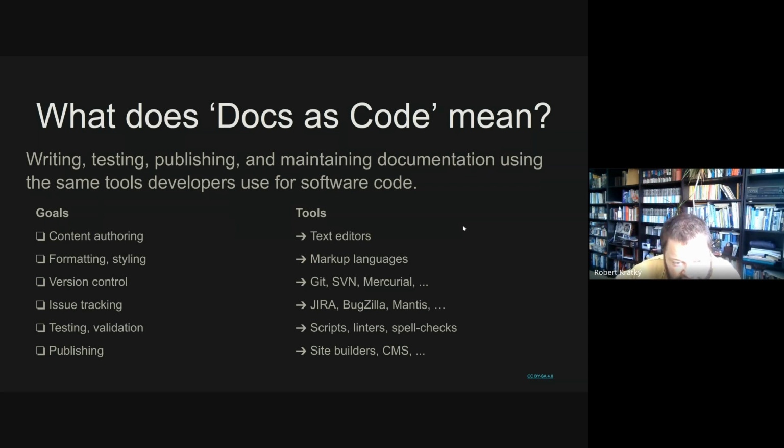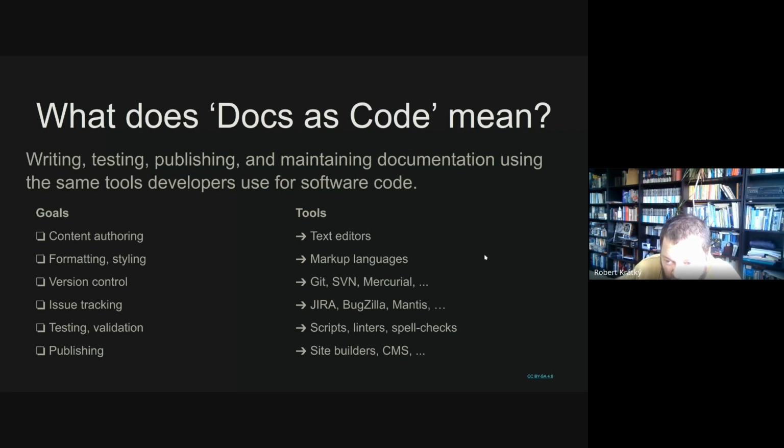So that's basically the life cycle of documentation when it's being maintained as code. It's very similar to, as I said, the source code of programs, and that's the intention.